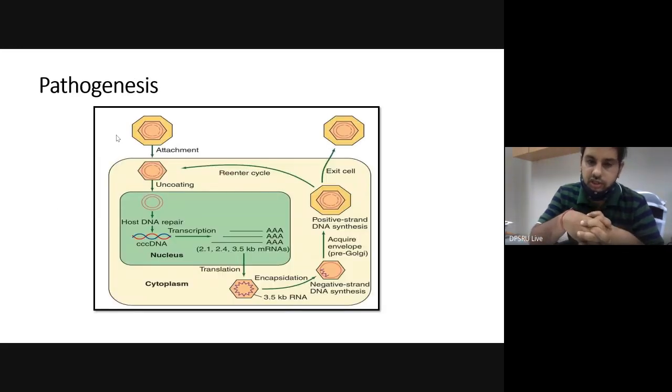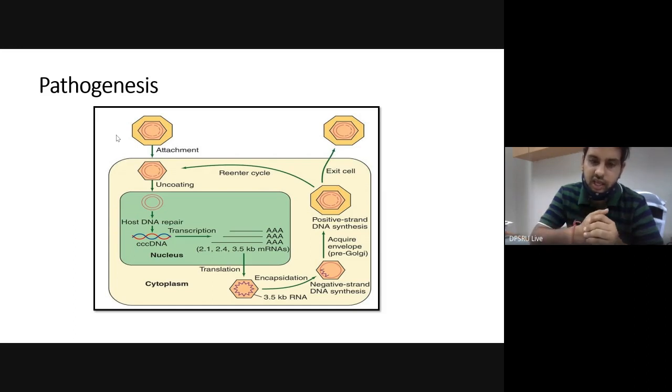Any virus, when it enters the body, uses our host machinery for the production of proteins and virions, and it makes a number of copies. That is applicable for all viruses.